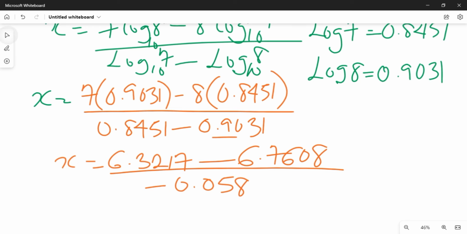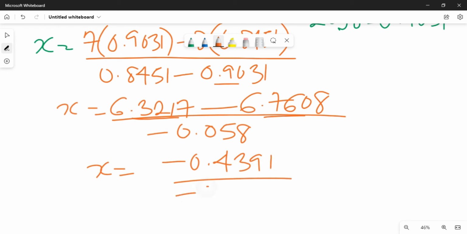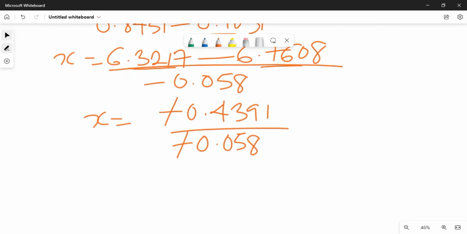So if we subtract these two values, we're going to have a negative value for the numerator, and that will be minus 0.4391 all over minus 0.058. So minus will clear minus, and what do we have remaining?